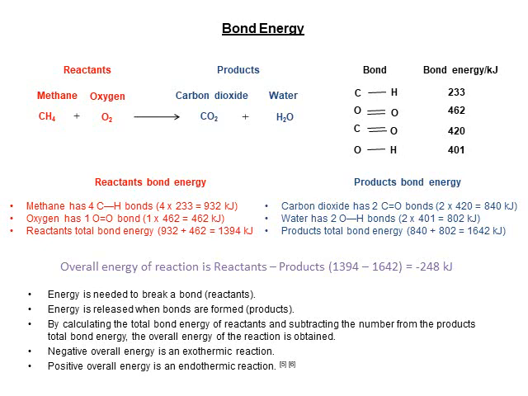The overall bond energy of the reaction is the reactants minus the products. So we've got 1394 minus 1642 equals minus 248 kilojoules. So from this, we know it's exothermic because the overall delta H, the overall energy, is a minus number. If this was positive, it'd be an endothermic reaction.